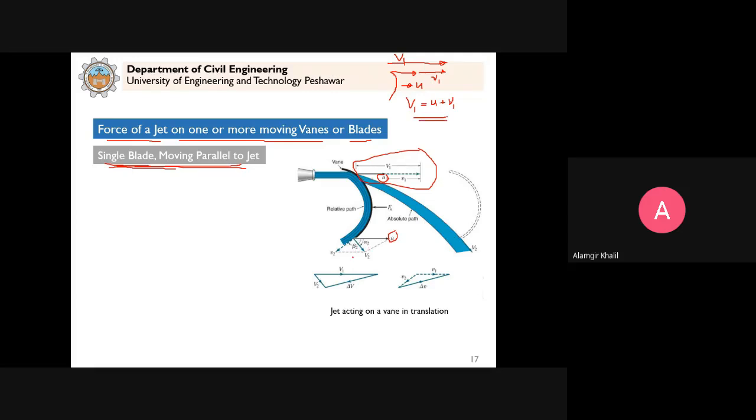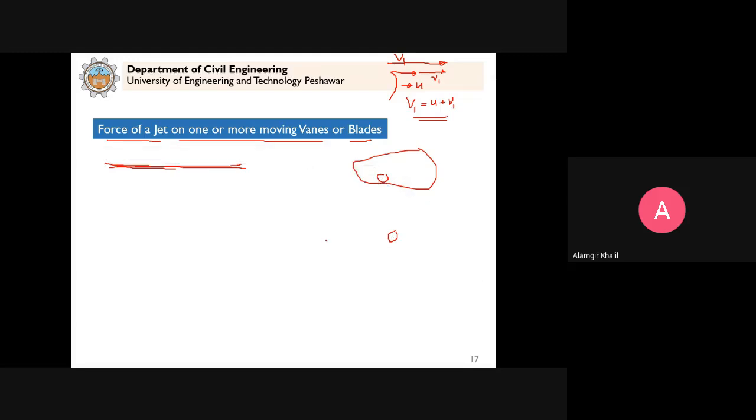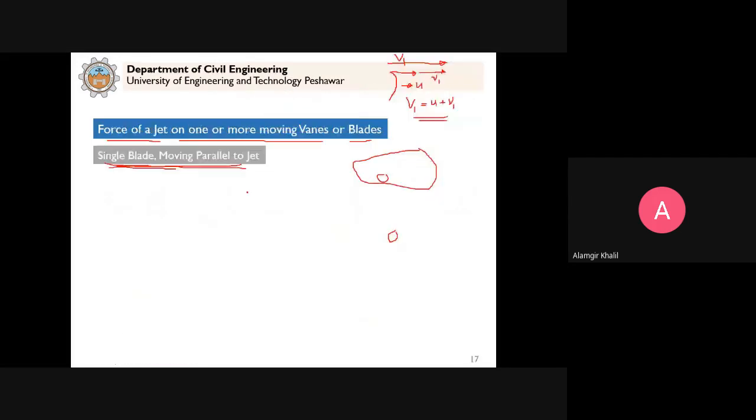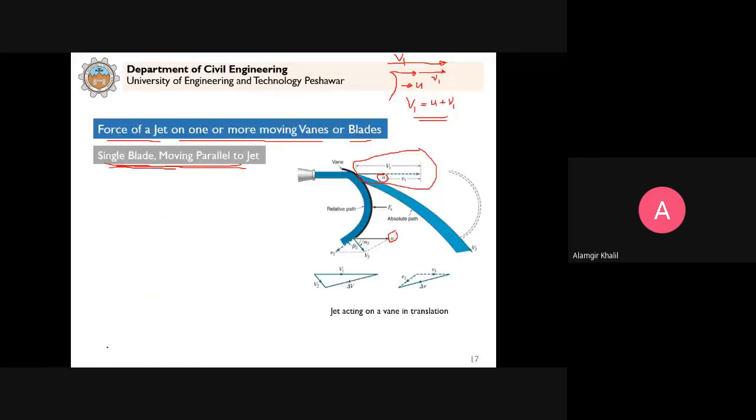At the exit, you can see this triangle will form. As we studied, depending on the given condition, any of these shapes can occur. How do we make this triangle? If there is no vane, this is the absolute path which the jet will follow.